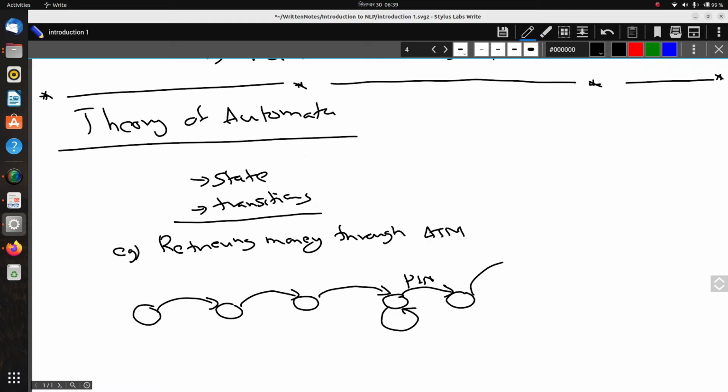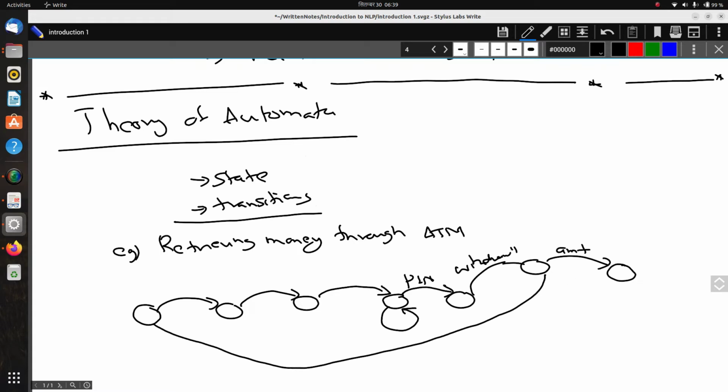If we choose withdrawal, the ATM asks you the amount. At this point, you can enter the amount, after which the ATM provides you money, or you can choose to cancel your operation, which goes to some other state.